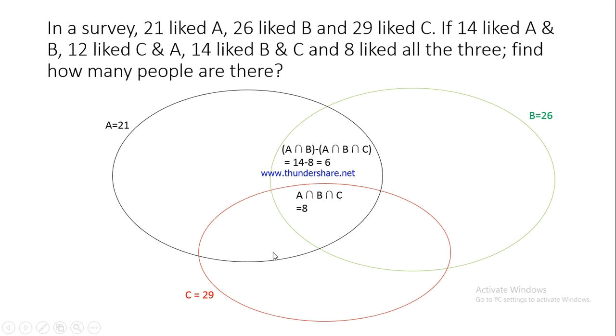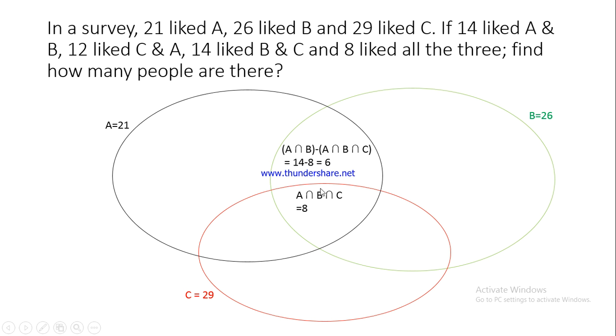And this bigger area, the value is equal to 14. This portion, the value is 8. So the remaining portion has to be, the bigger part was A intersection C, the value was 12. 12 it has been given, so I wrongly took it as 14, so it is basically 12.